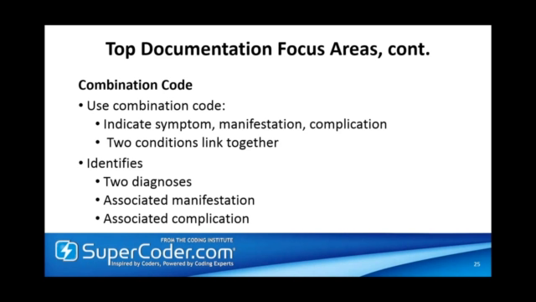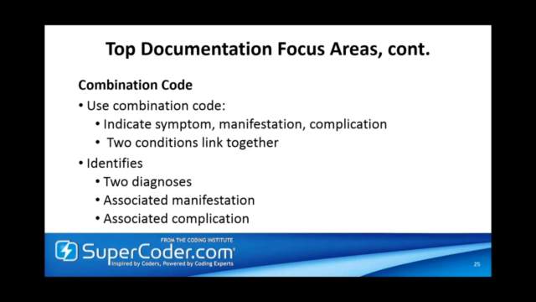To report combination codes correctly, documentation must clearly mention the presence of the symptom, manifestation, or complication and the pertinent corresponding condition so that a relationship is established between the two conditions. Documentation should link the two conditions together using keywords such as with, caused by, or from.